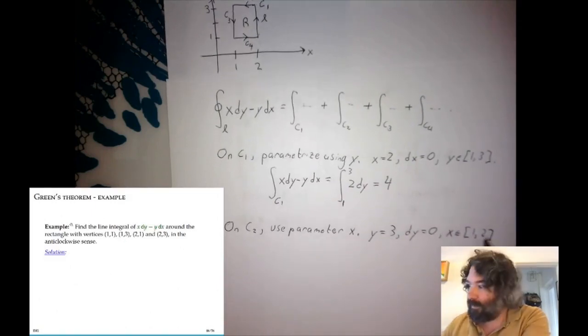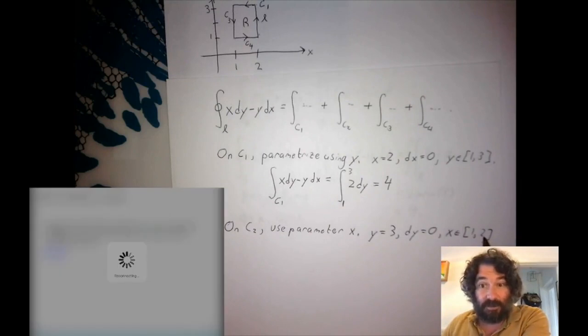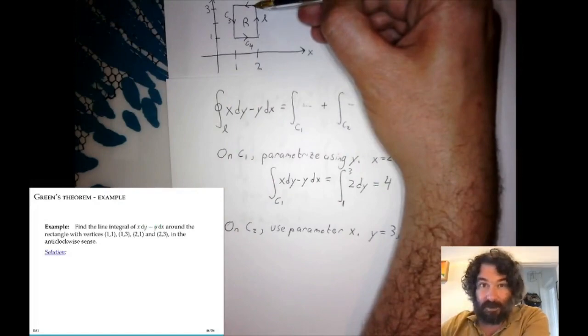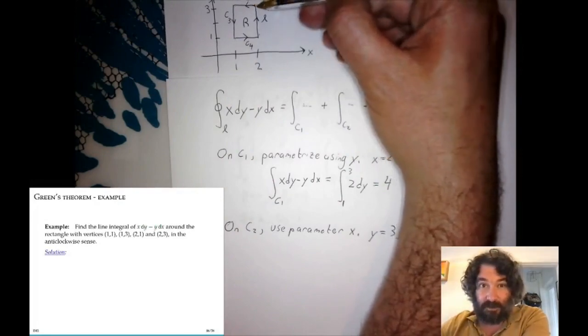So in this parameterization, x is in this interval from 1 to 2, but in fact x goes from 2 on the right-hand side to 1. So it goes from the right to the left.